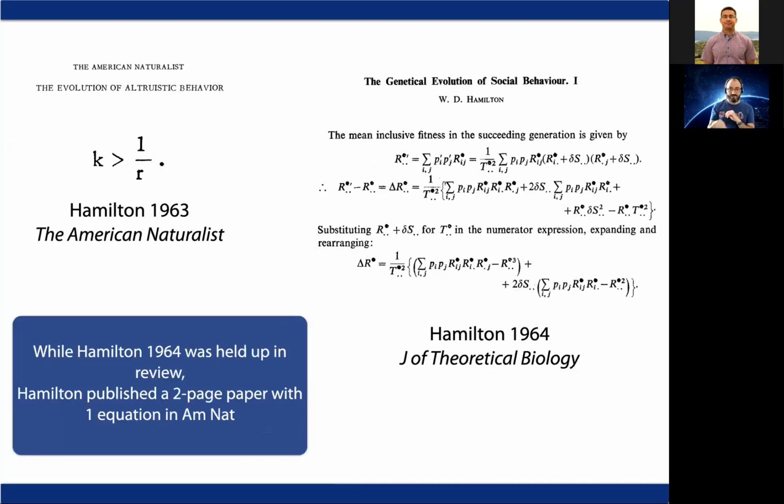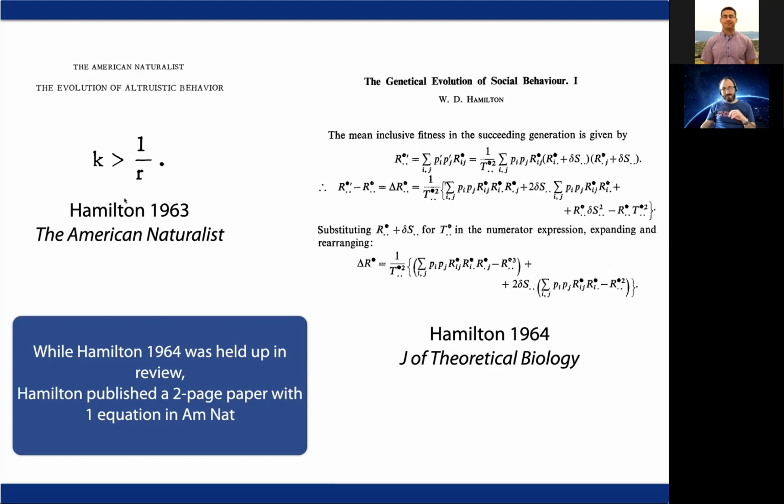And just as a demonstration of how this works in Hamilton, this is the equation. This is the single equation in the 1963 paper in AMNAT. And like I said, that is essentially a one-page paper, a very short paper. But then he published a two-part paper in 1964, the next year, in the Journal of Theoretical Biology, and that is full of equations like this.